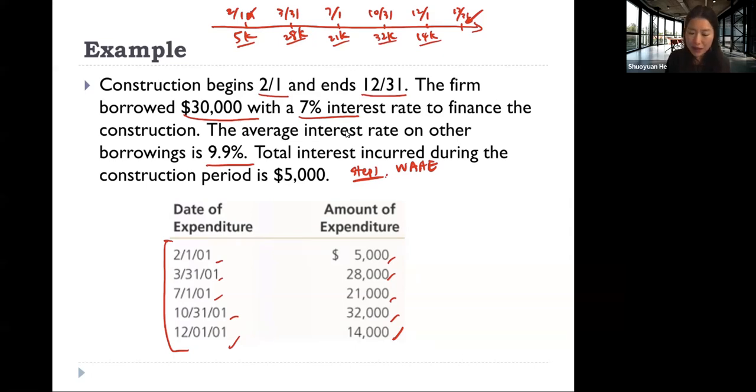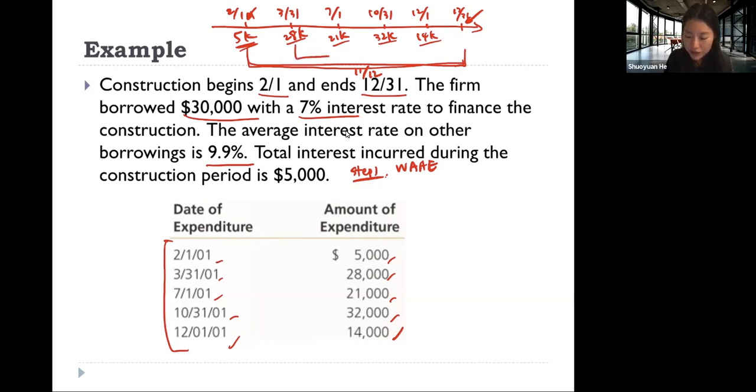We are weighting it by the period we're using this expenditure. So for example, for the first 5,000, we're using it for how many months? 11 months out of 12 months. So this expenditure, we have from the time when this project begins until it ends, it is in use for 11 months out of 12 months.